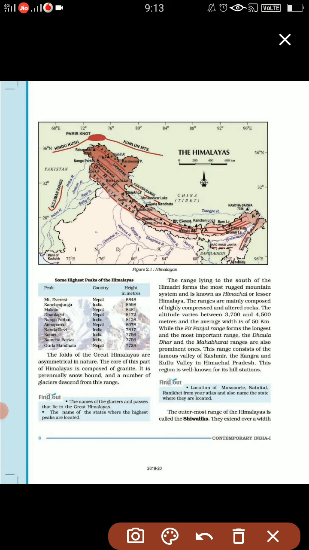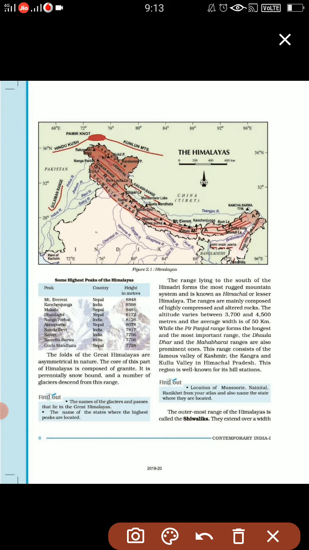Now the Pir Panjal range. Fine. It is the longest and the most important range of this Himalaya. The Pir Panjal range, the Dhauladhar range, and the Mahabharat range, they all are a part of this Himachal range.